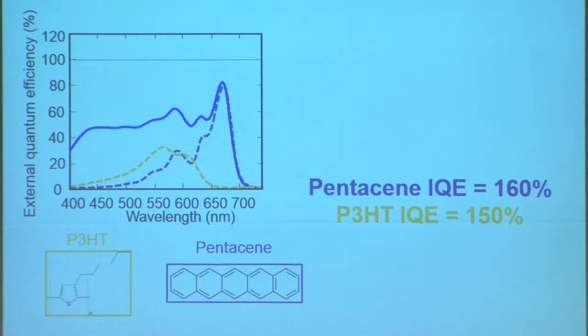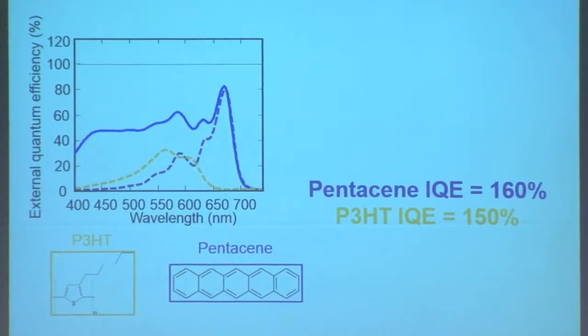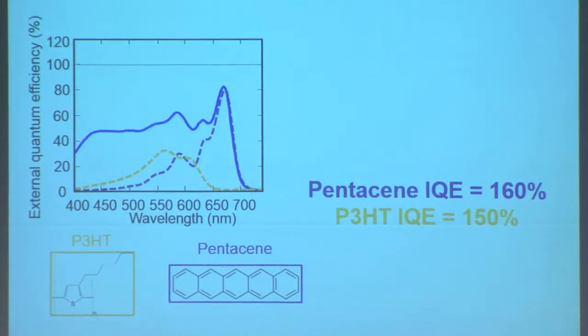And this obviously is way above the 100% you're supposed to get, which means that singlet fission has to be occurring, that we're getting this doubling of our initial photon energy to give us an extra 60 electrons. Also interesting was that the P3HT was also over 100%, so the excitons generated in P3HT would jump into the pentacene, do singlet fission, and be collected with high efficiency.